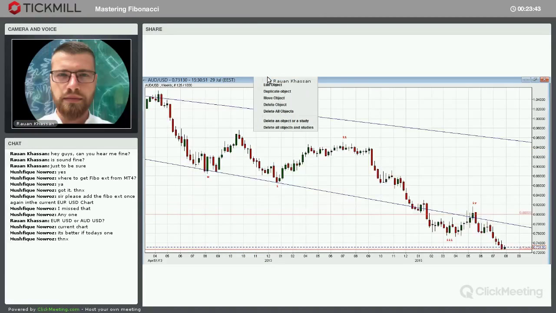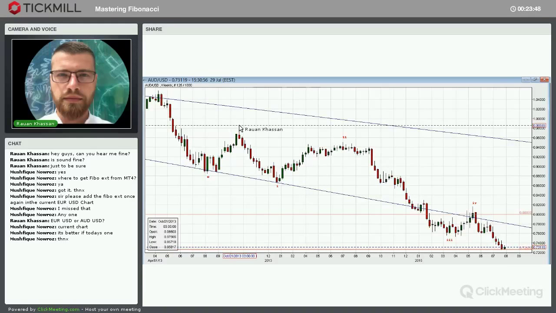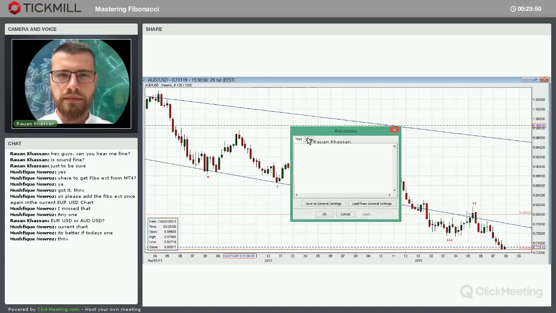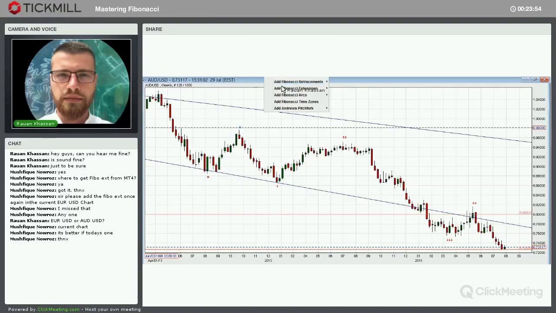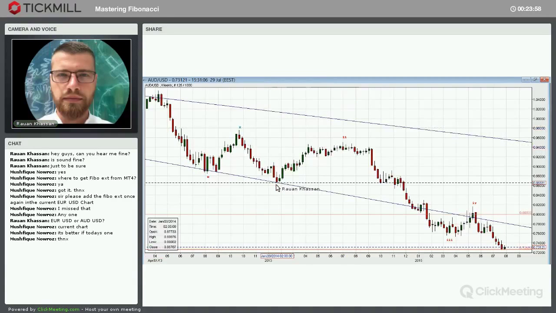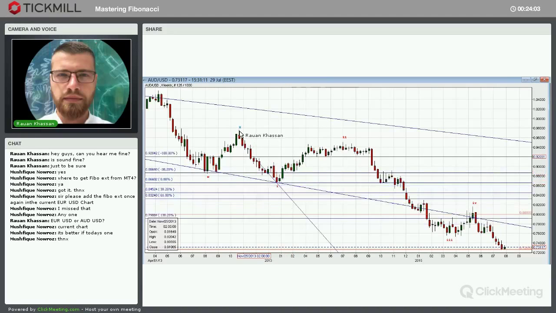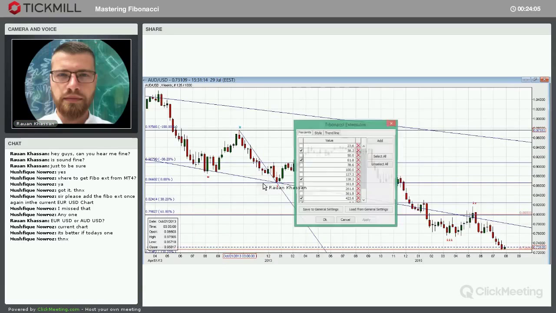I will mark this as starting point X, so you can clearly see. Then I choose the Fibonacci extension line, and I connect the finishing point of the descending wave with the starting point of the descending wave.